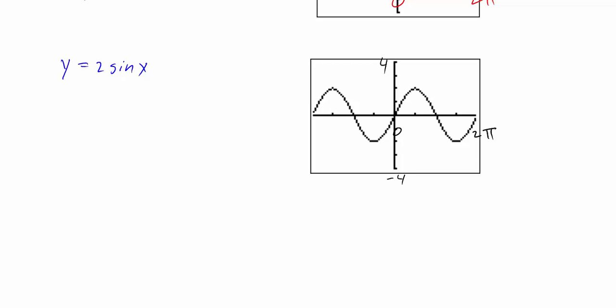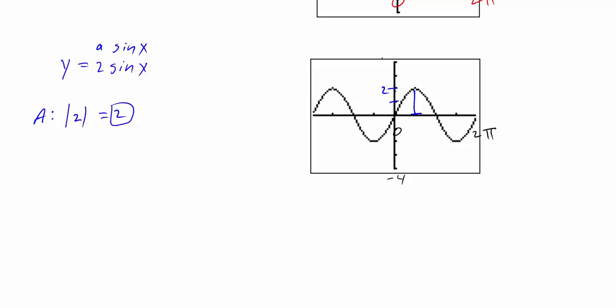So if we go through looking at our procedure from above, if we want to calculate the amplitude, the amplitude is equal to the absolute value of a. So remember, this is our a sine of x. So we're taking the absolute value of 2, which is 2, and we can see here that from this point to this point, we're going up a distance of 2.